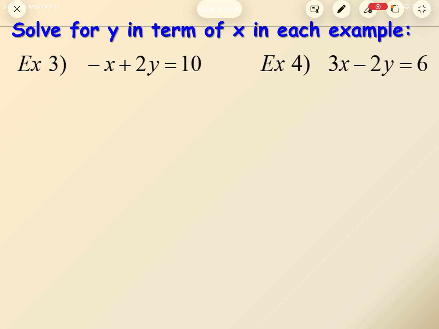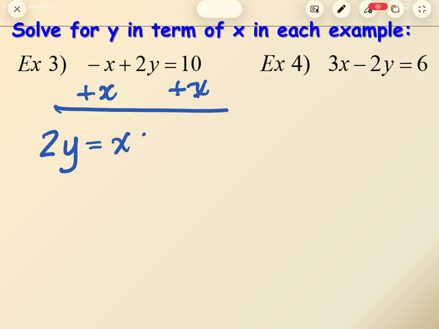Number 3. Write it down. What would I have to do to get the y by itself? Well, now I've got a negative x and a coefficient. So we're still going to undo a 2-step equation. I'm going to add x. Is that making sense with everybody? And that leaves me with 2y equals x plus 10.